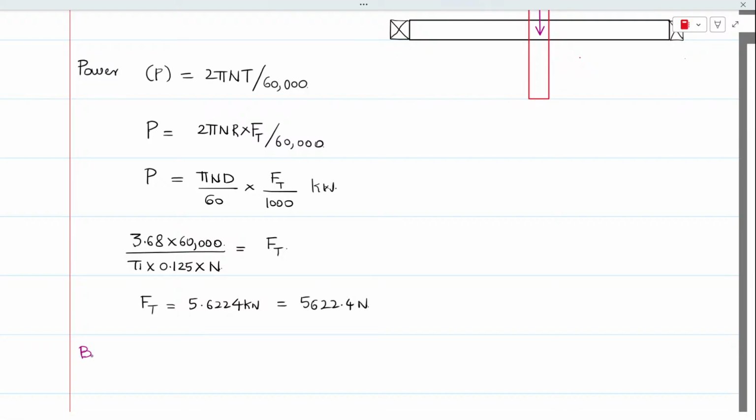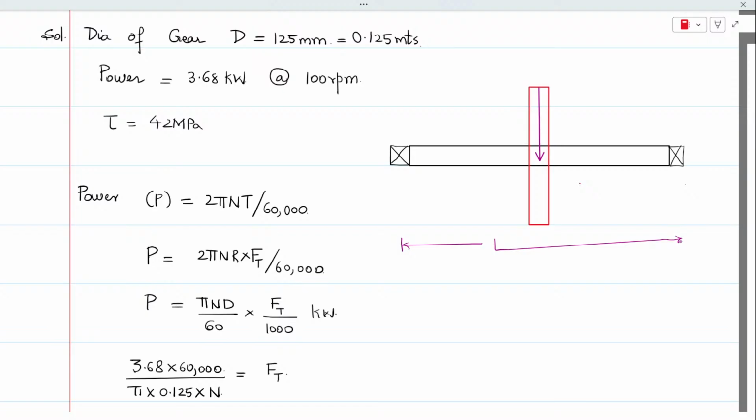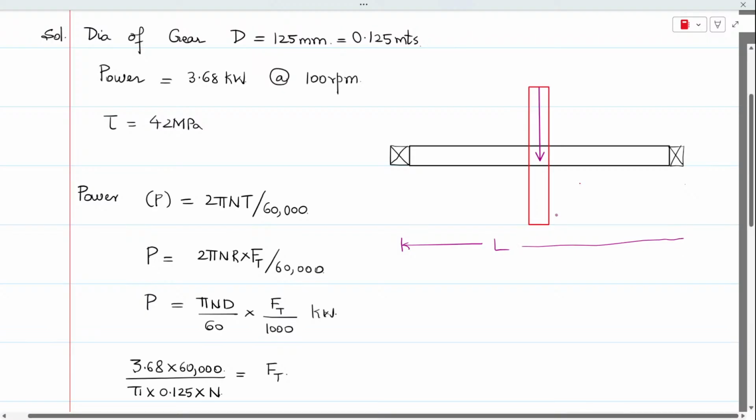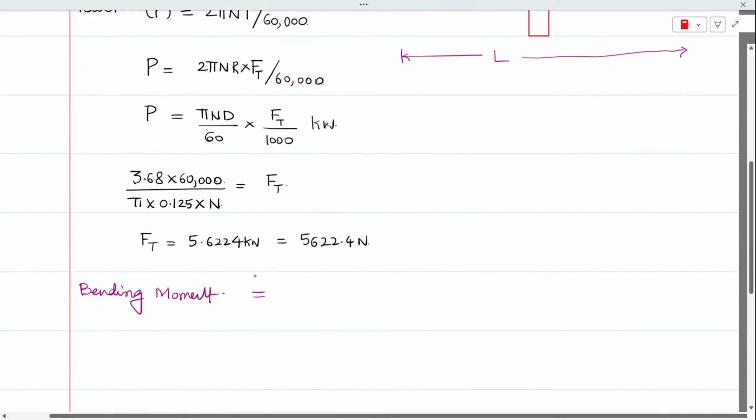So bending moment can be calculated. The load is acting at the center, and let's say the distance between the bearing centers is L, and we could use the relations from the simply supported beam carrying a point load at the center. So bending moment for such case is given by M equal to WL by 4.